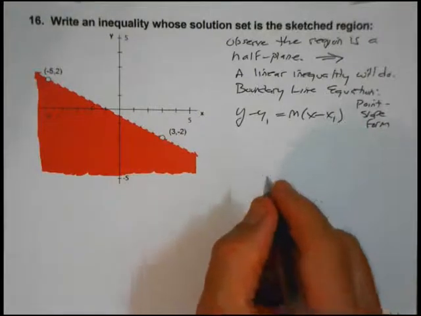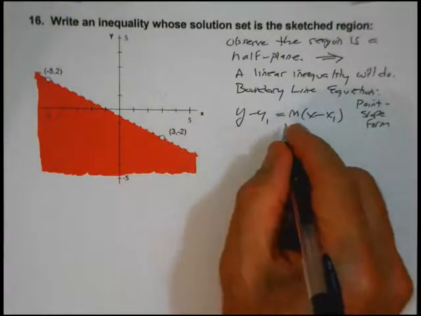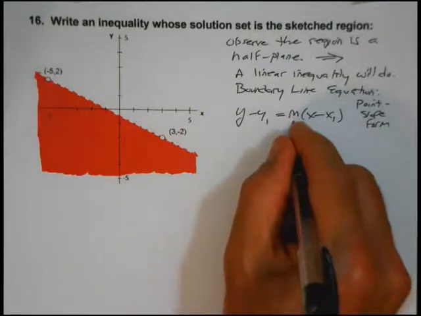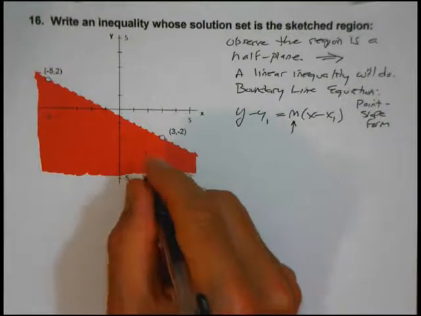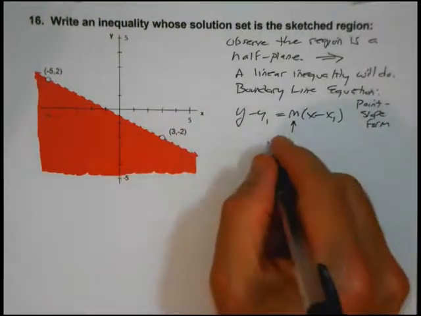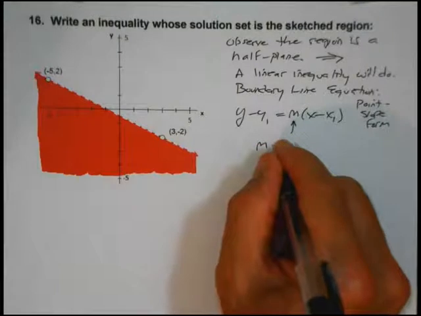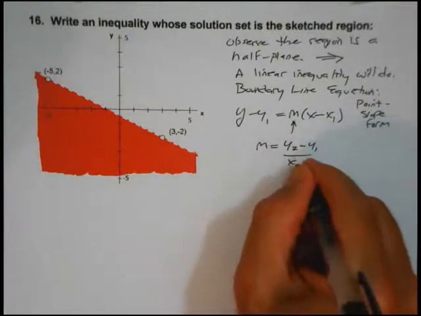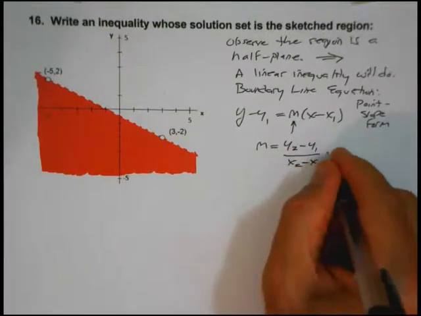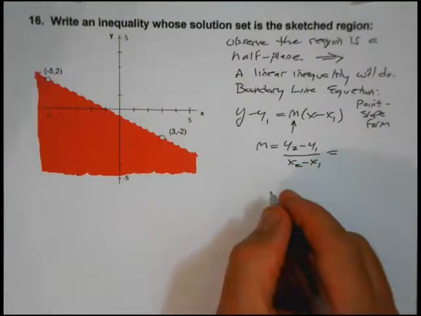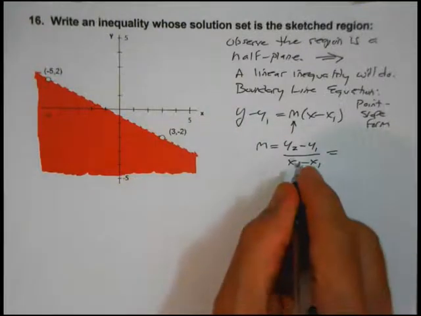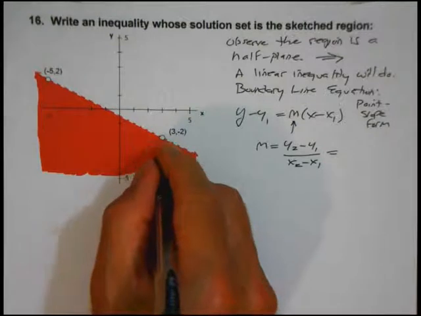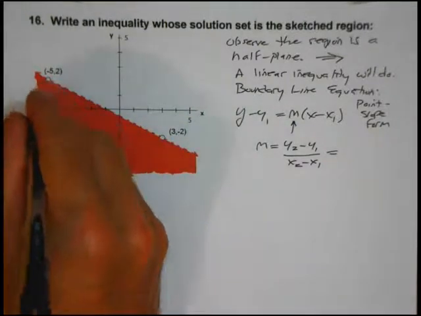Alright, in this case here, now let's try to fill in the parameters of our form. For instance, m. How can we get that? In this case, we can remember that m, slope, is equal to y sub 2 minus y sub 1 over x sub 2 minus x sub 1, if you happen to know 2 points, and we do. Alright, for the purposes of this calculation, consider the right point the point 2, and the left one the point 1.